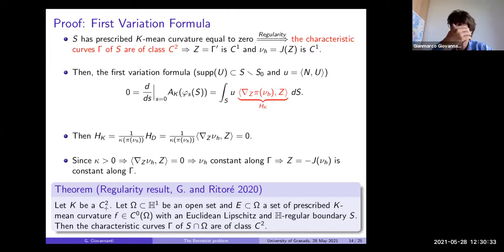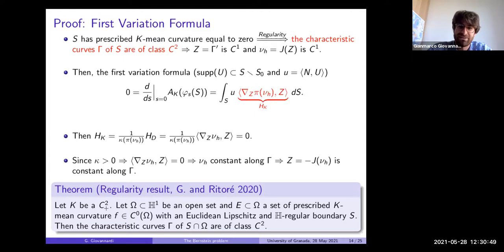And so you have a foliation by curves of class C2. A priori, our surface is only Lipschitz and H regular.